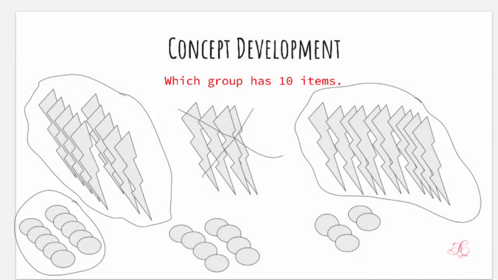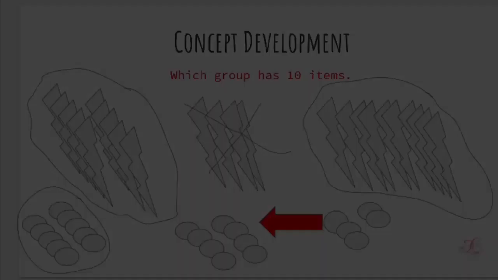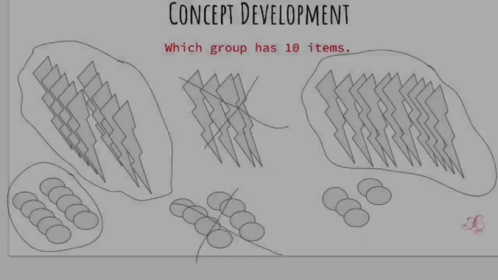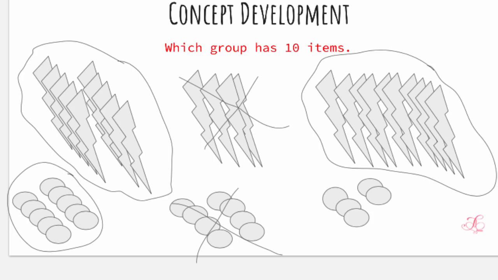Fantastic. Let's count the next group. How many do we have? That's 8. We're going to put an X over the 8 to represent that it is not 10 ones. That's why we did not circle it. Let's look at the last group. How many do we have?